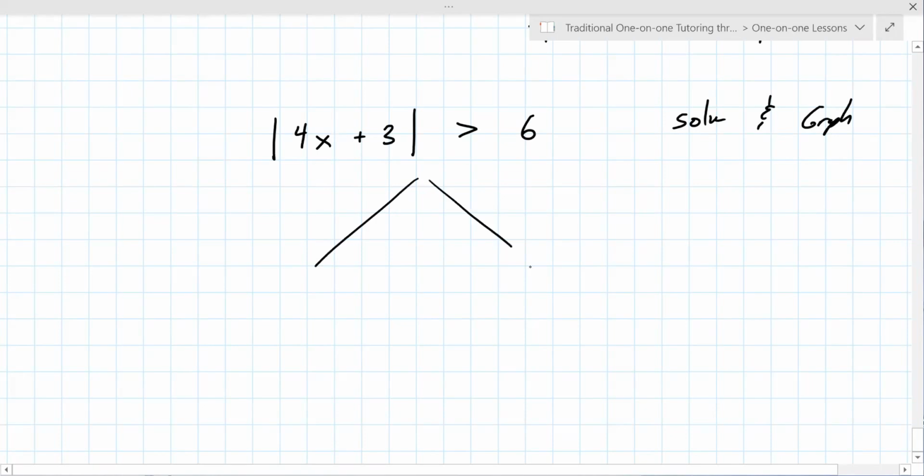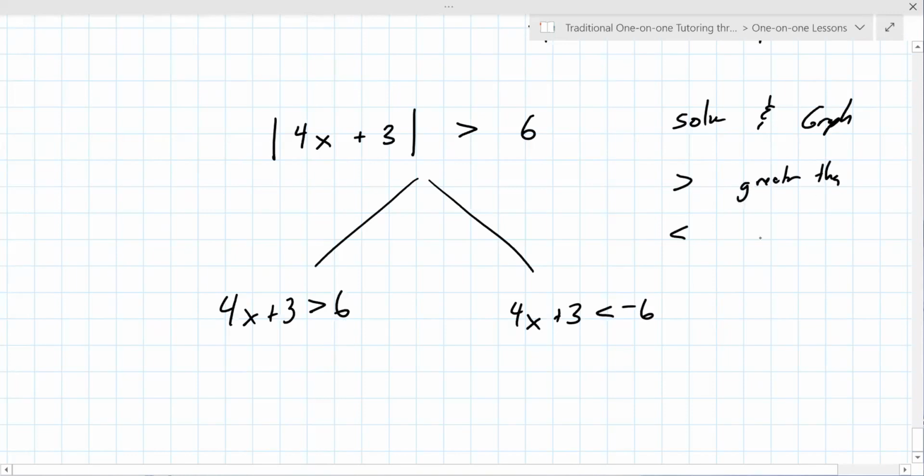The first fork is exactly what is shown without the absolute value. And then the other one is less than, the other direction, and it's -6. Exactly.